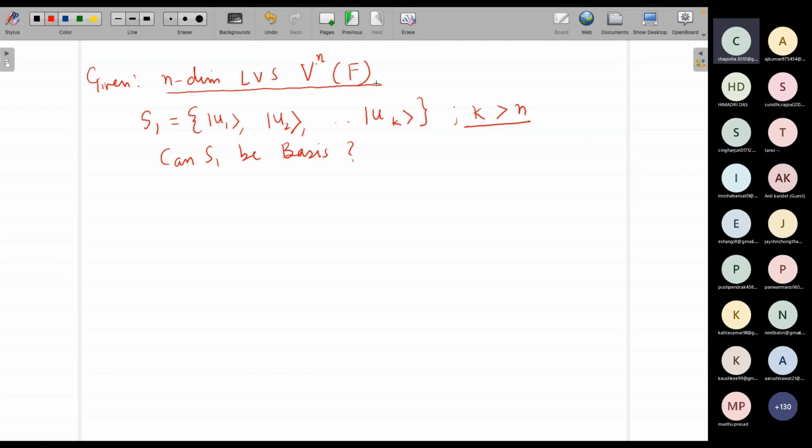So what you are saying is that the maximum number of linearly independent vectors which this vector space V over F can hold is n, and this number cannot change. We also call this a maximally independent set.